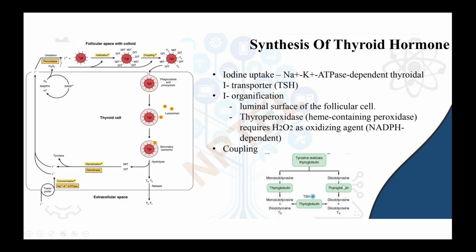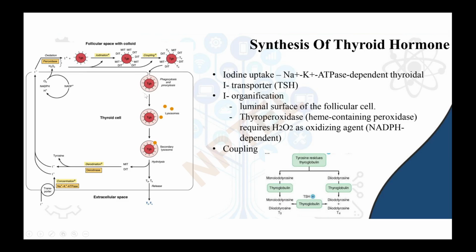So the thyroglobulin will have the T3 and T4. Once these are present on the thyroglobulin, they will be phagocytosed inside the thyroid cell. This is a process of uptaking the outer molecules.